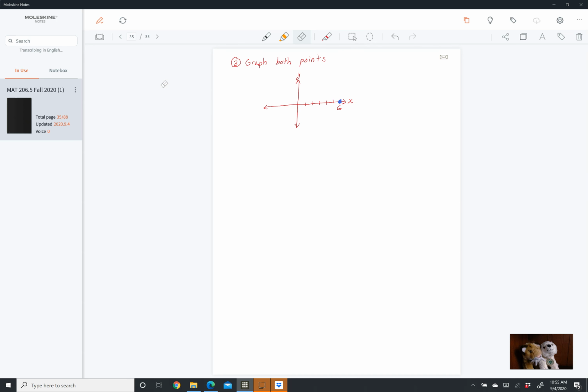Then we have (0, 3). So that's our next one. And now we just connect the dots.